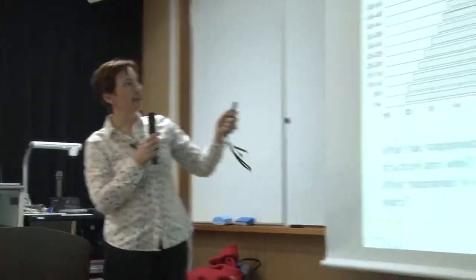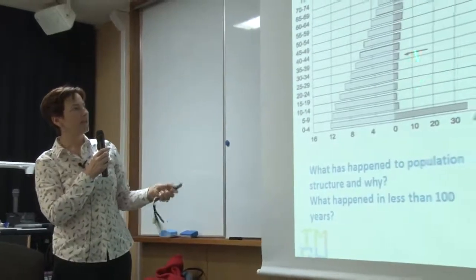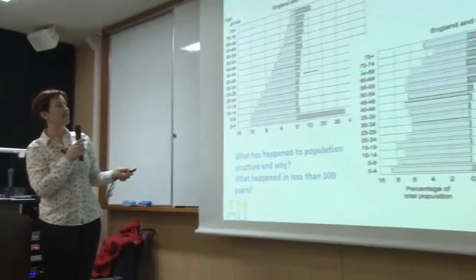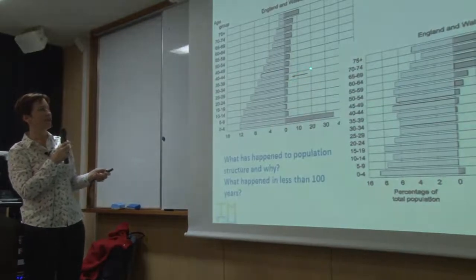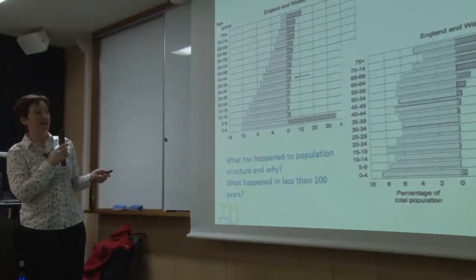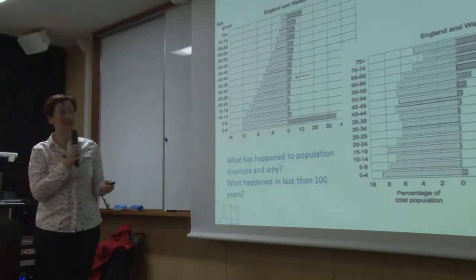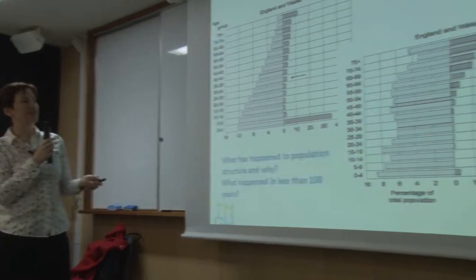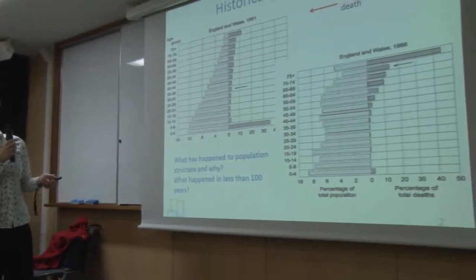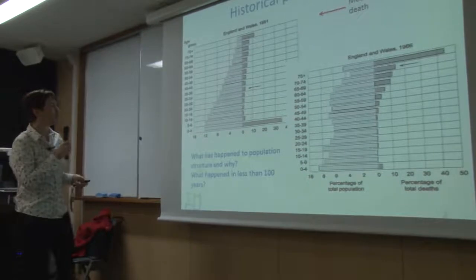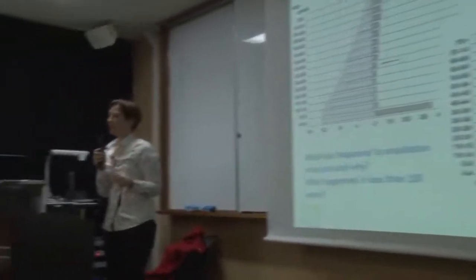And you can see that in 1891, the median age of death was 31, whereas less than 100 years later, median age of death is up here. So if you ask people what has caused this massive change in life expectancy?